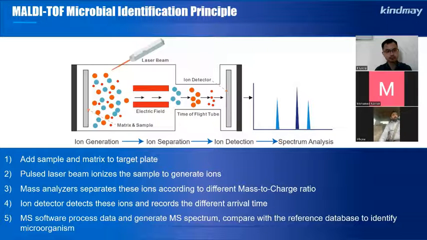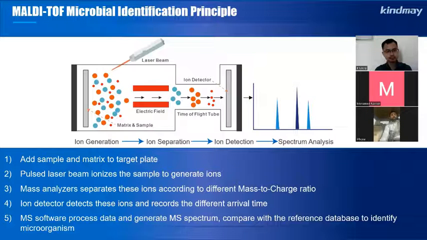As we know, different microorganisms have different ribosome proteins, so we can identify a microorganism according to its ribosome protein information. The working principle is similar to fingerprint recognition. First, we need to set up a fingerprint database.